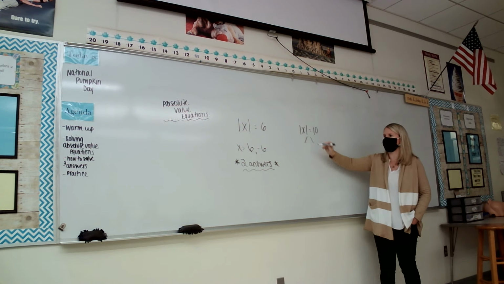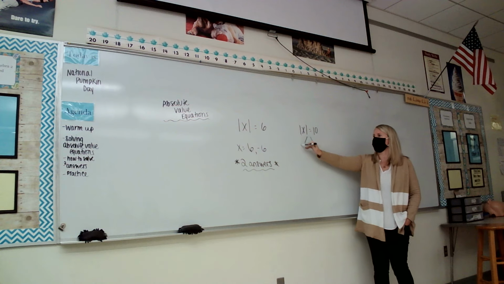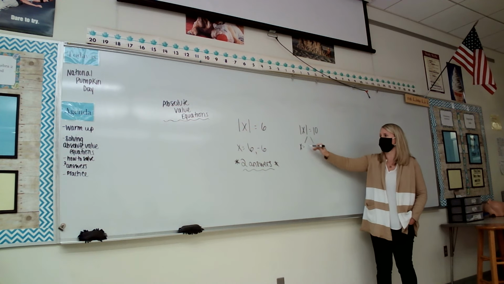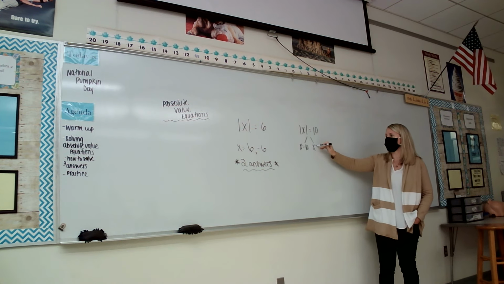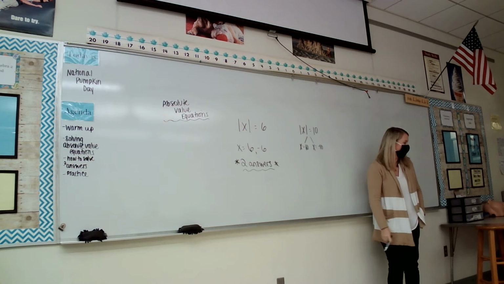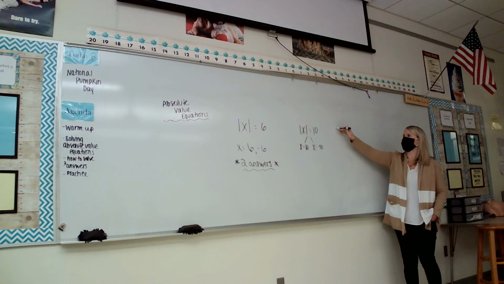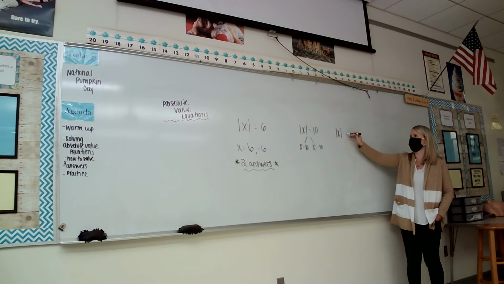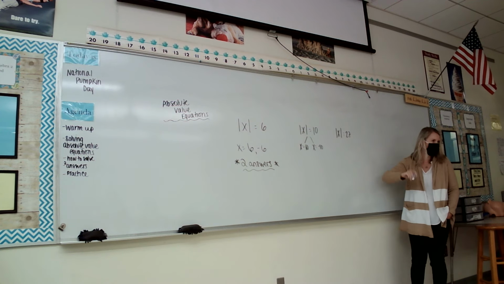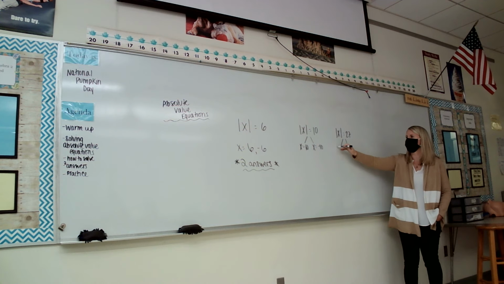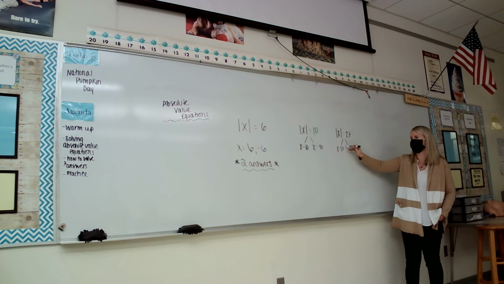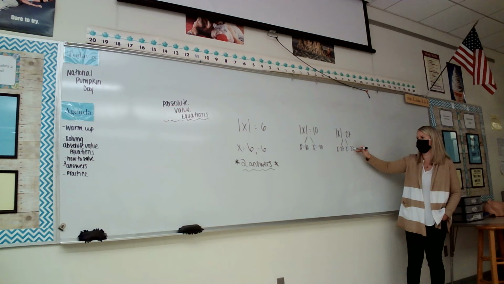I split it into two, you can probably guess what the answers are. You're going to say x equals 10. And then x equals, you just make that negative 10. Very similar to saying 6 and negative 6. If I say the absolute value of x equals 27, you can probably guess what the answers are. x equals 27, x equals -27.